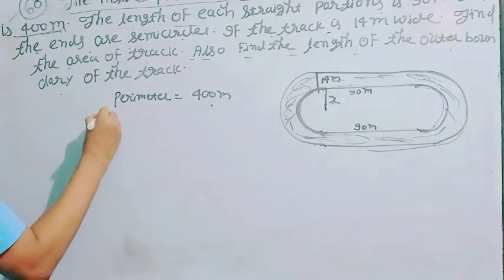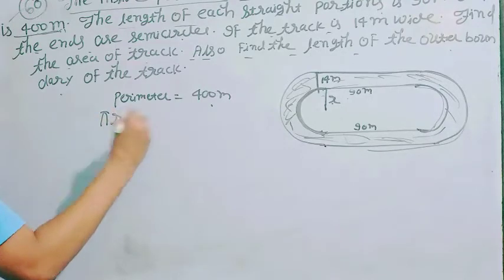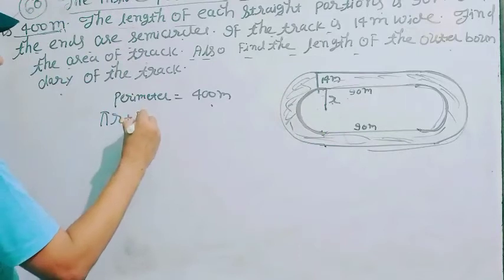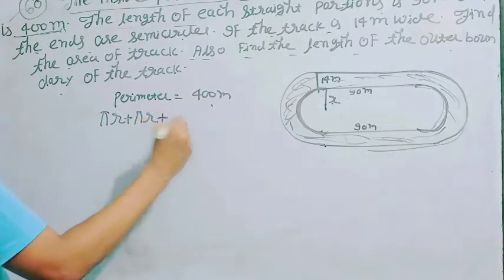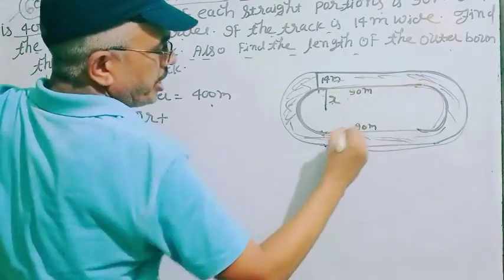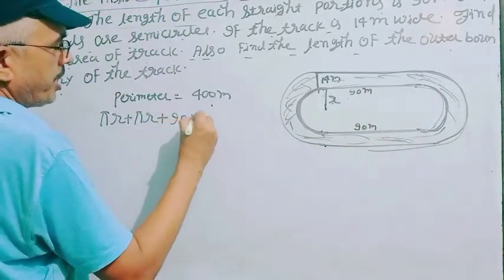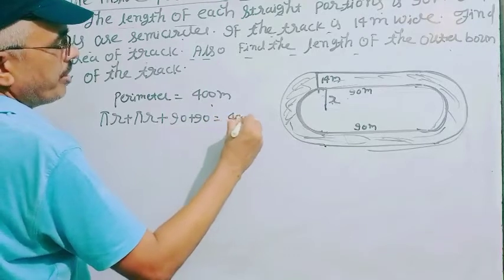So the perimeter is pi r plus pi r, and two sides are straight, that is 90 and also 90. So 90 plus 90 is equal to 400 meters.